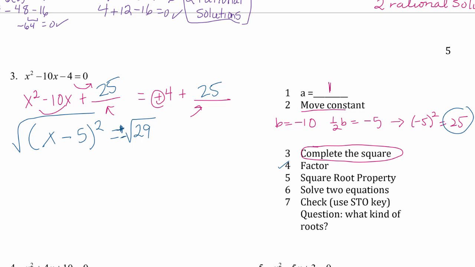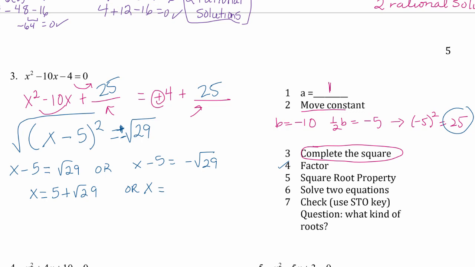Now we've got to solve these two equations. So we have x minus 5 equals square root of 29, or x minus 5 equals negative square root of 29. Add the 5, and we get these two.